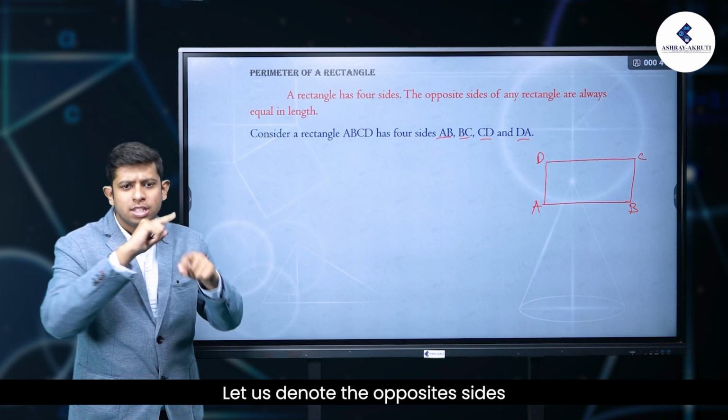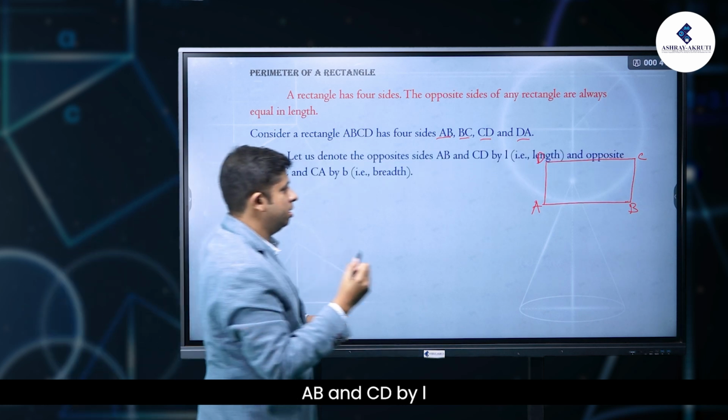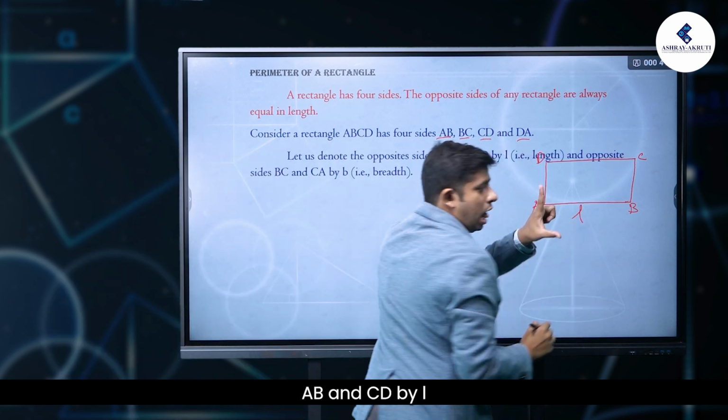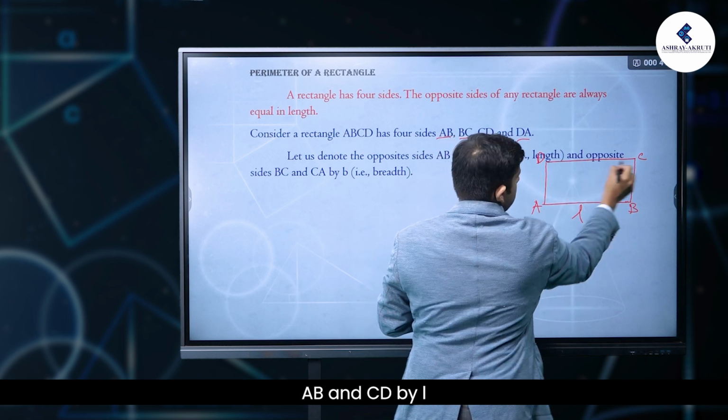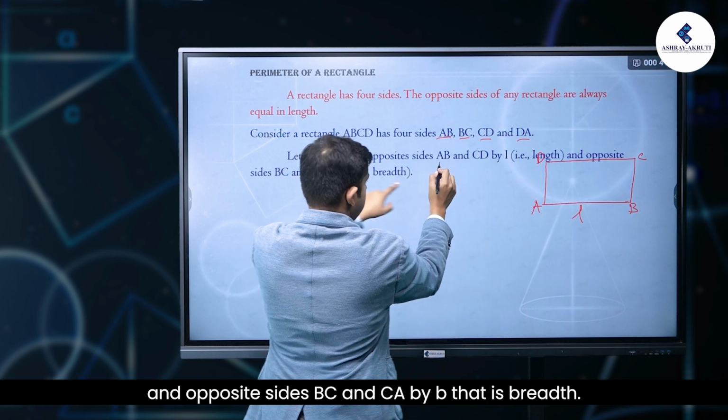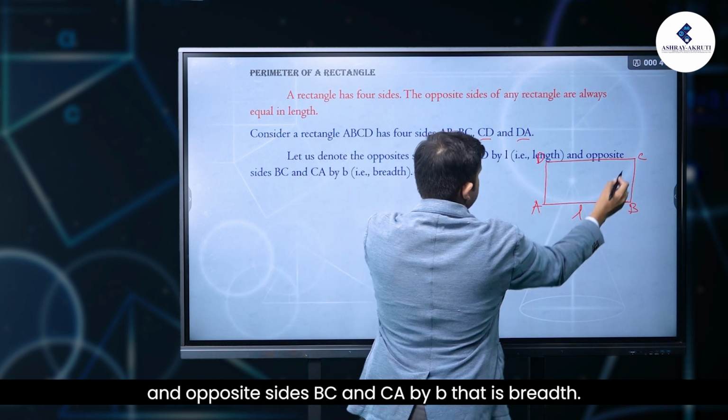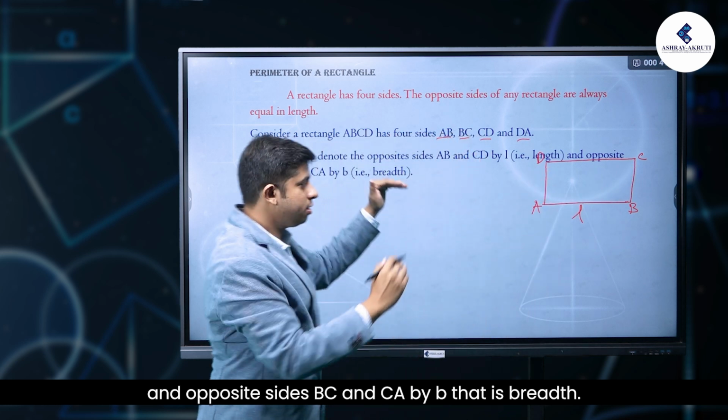Let us denote the opposite sides AB and CD by L, that is length, and opposite sides BC and DA by B, that is breadth.